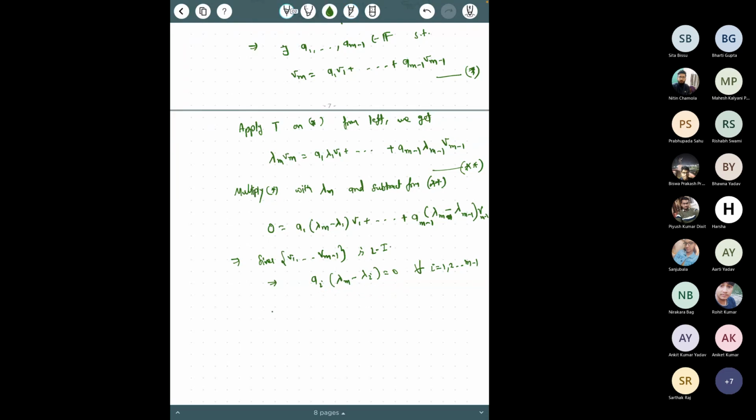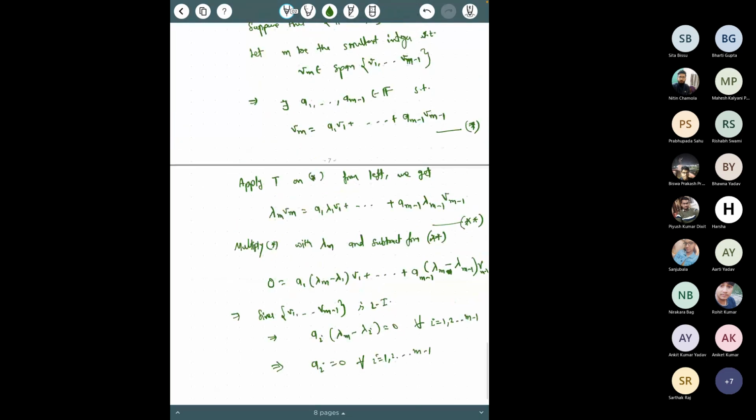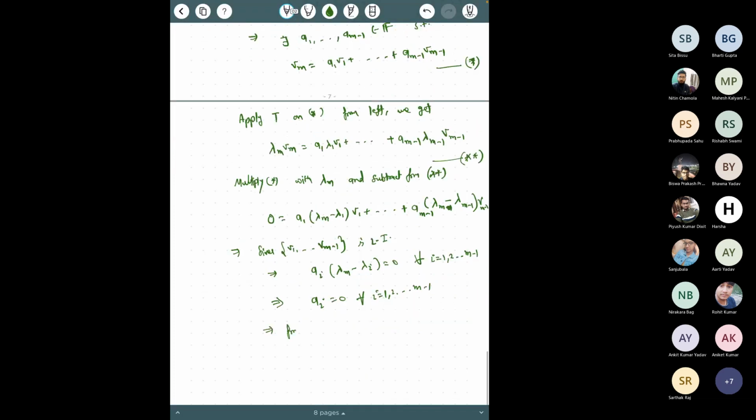But then if all a_i's are 0, do we get any contradiction? If all a_i's are 0, then from star we get v_m equal to 0, because from star these are the combinations.